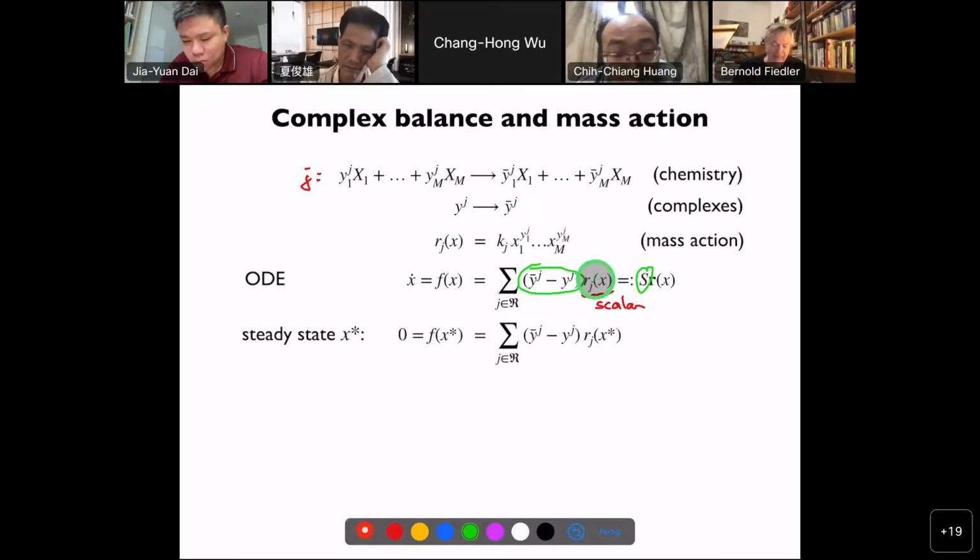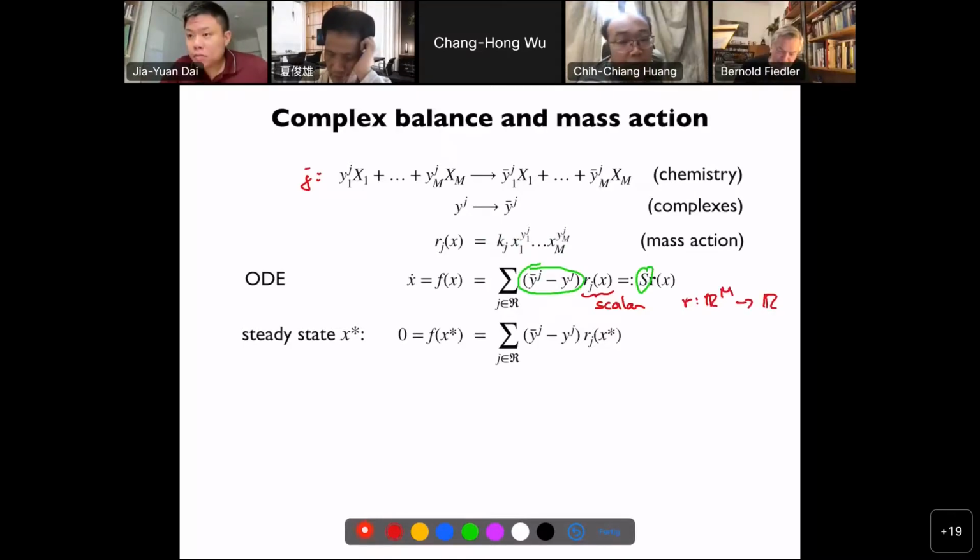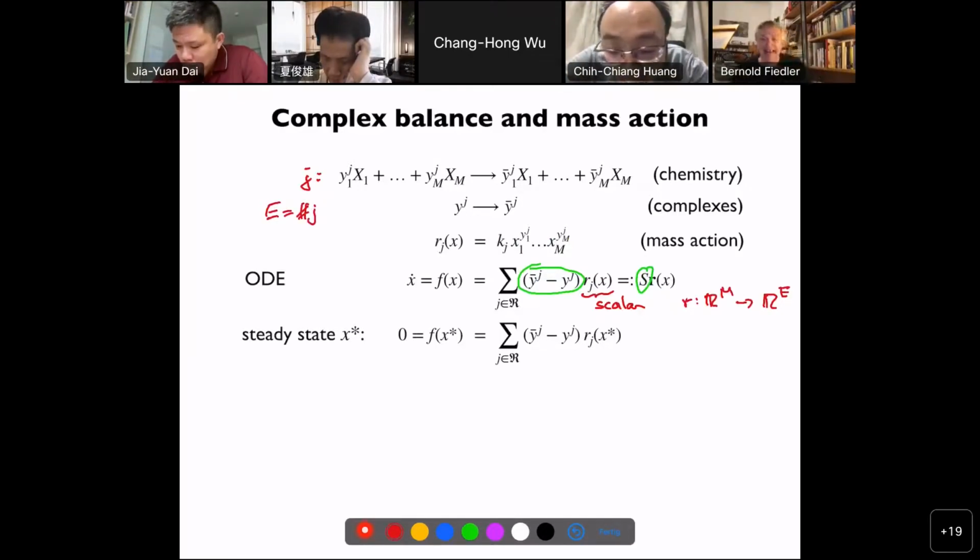And then we have a vector of reaction rates, boldface R of x. So this R goes from R^m to R^E. E is the number of reactions, the number of edges in our graph. And the stoichiometric matrix S gets us back from R^E to R^m.